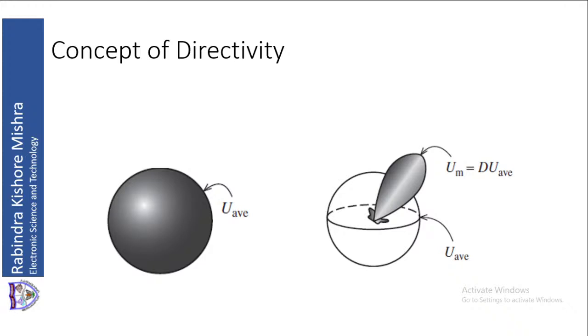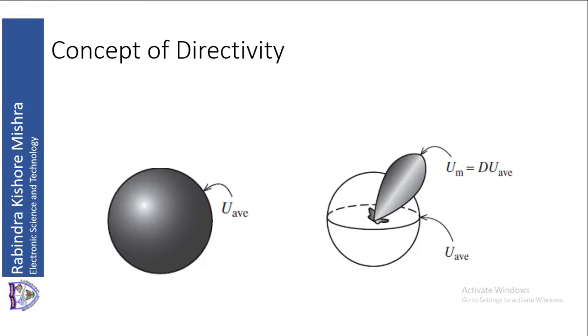But since it is a directive antenna, the same radiation power is directed in a particular direction. In that direction the intensity will be maximum, and in other directions the intensity will be less. That is why in that direction it will be more than U average. That is what is shown here for a directive antenna.